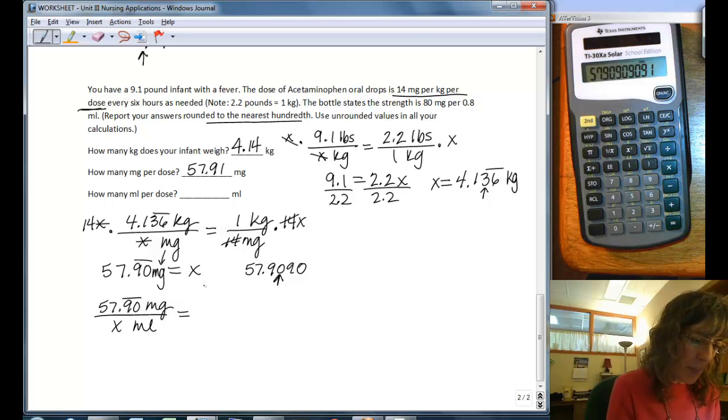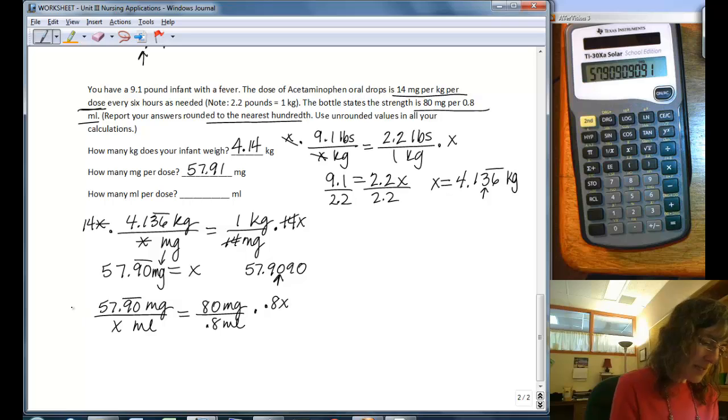Set up a proportion, and my strength is 80 milligrams per 0.8 milliliters, and that's in the correct order for what I wrote already, so I'll leave it 80 milligrams over 0.8 milliliters. Multiply both sides by 0.8x, and my x's go on the left, my 0.8's go on the right.